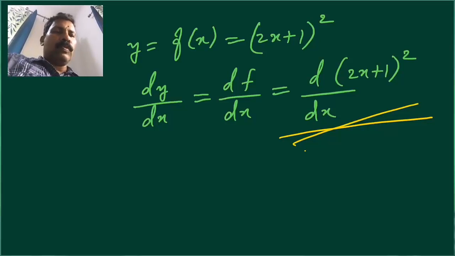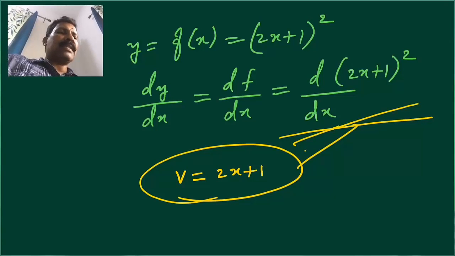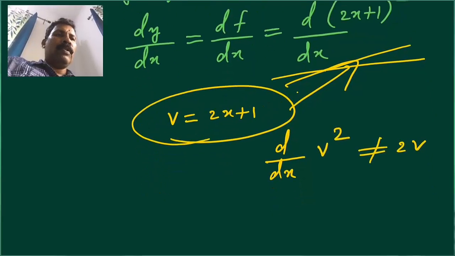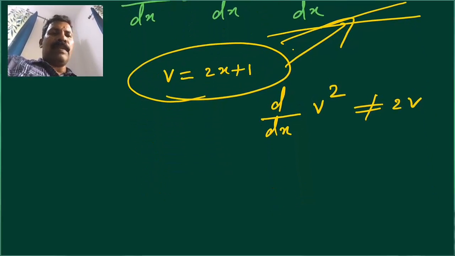Then what to do? Here we put v equal to 2x plus 1 as a substitution. Then this expression becomes d by dx of v square. But we cannot write it that way. I told you the with-respect-to variable is very important.